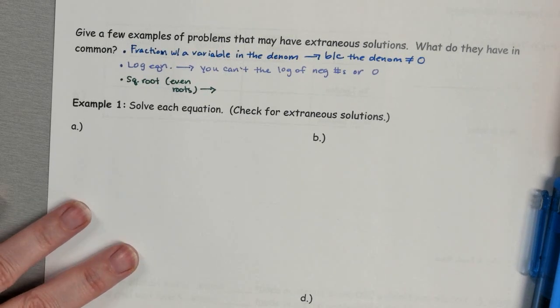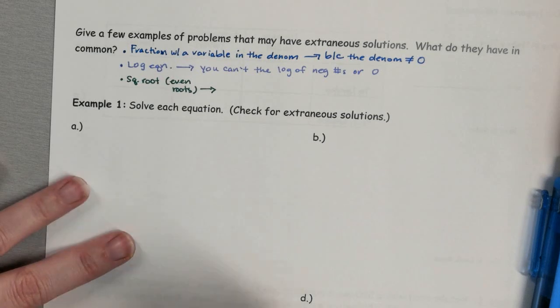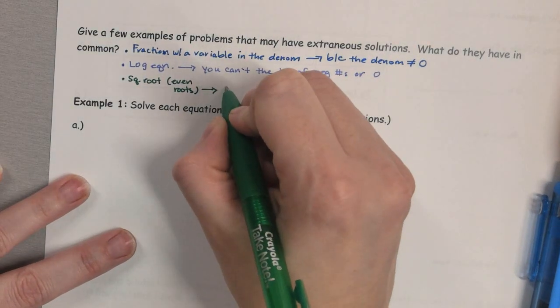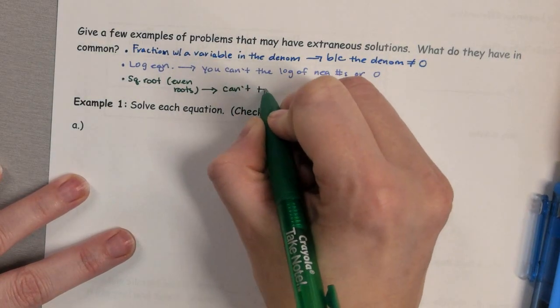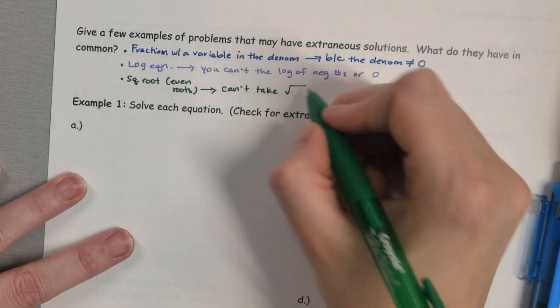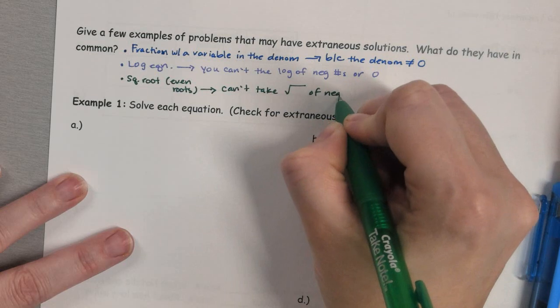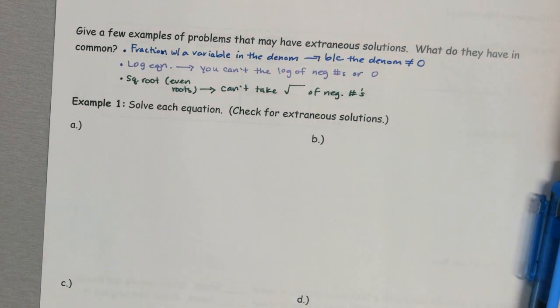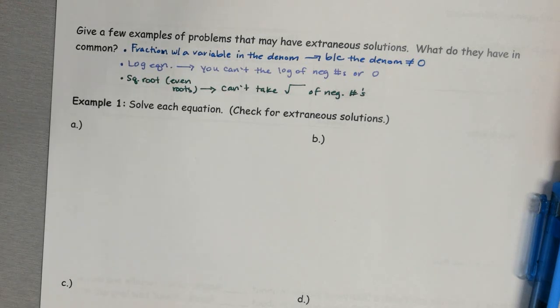So what's the problem with an even root? What can't you take a square root of? Yes, that's when the imaginary numbers come out. So you can't take the square root of negative numbers. Okay, so that's what we have to watch out for. That's when extraneous solutions pop up.